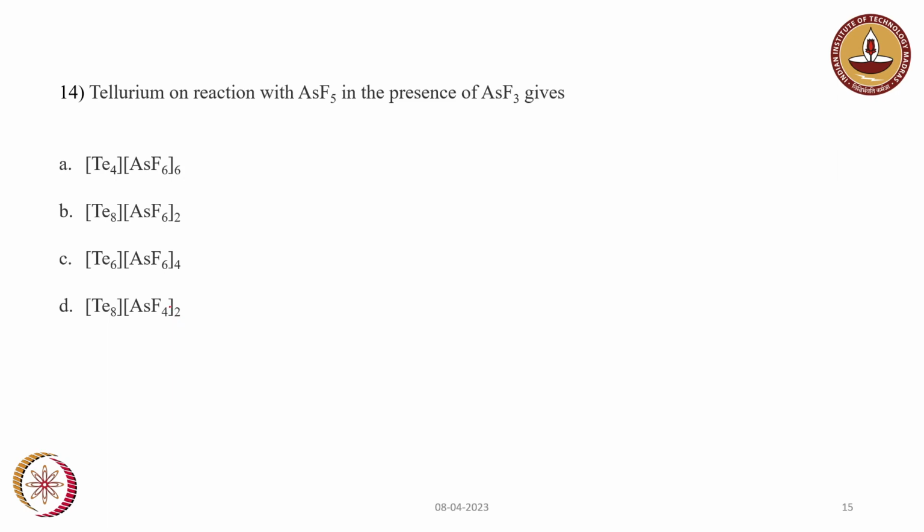So this is a method for synthesis of cations, and the reaction will be 6 Te plus 6 AsF5 in the presence of AsF3 will give Te6(AsF6)4 plus 2 AsF3.